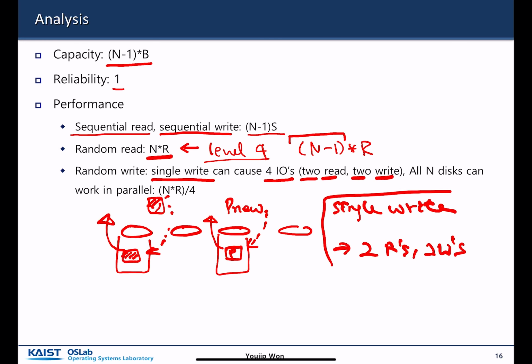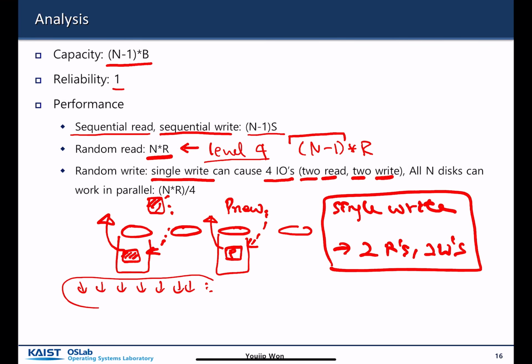Okay, so if you perform write operations randomly and there are a huge number of random writes coming in, then the total amount of IO generated by these random writes corresponds to 4 times the number of random writes.